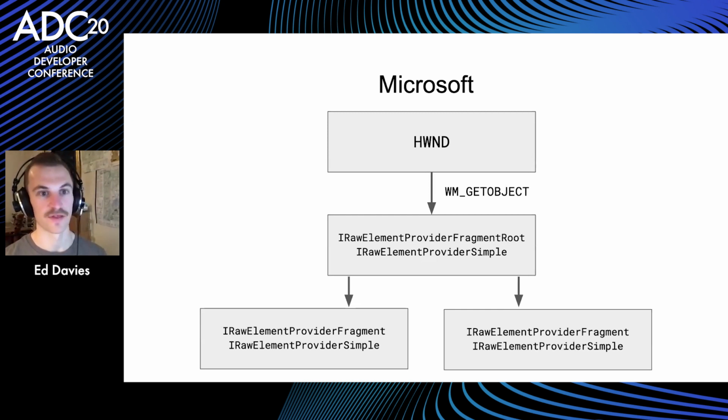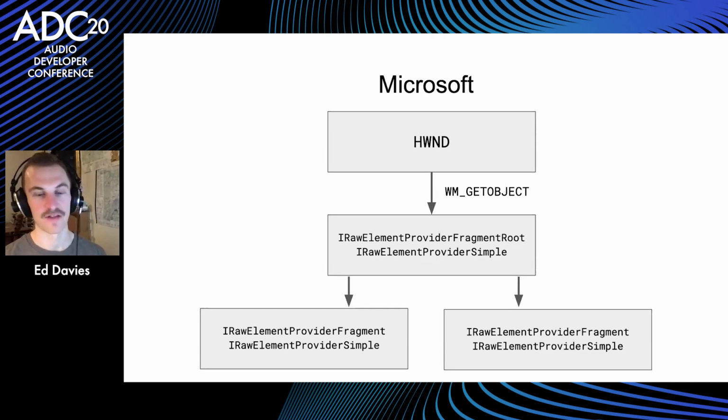And what it looks like in a very simplified form is, at the top level, we have our HWND, which is our Windows window handle. And this will receive a WM_GETOBJECT Windows message. And in response to that message, needs to return the fragment root of its UI that is contained within the HWND.